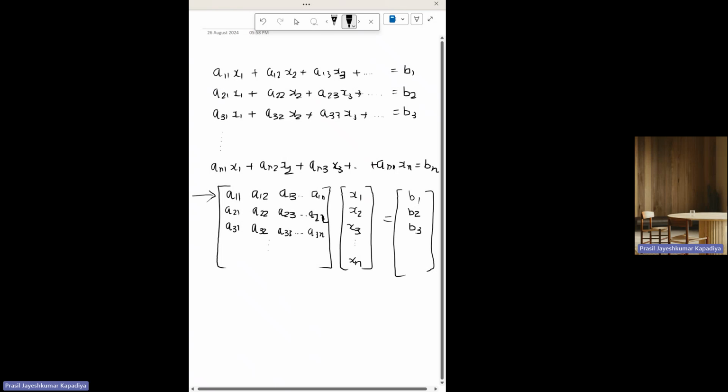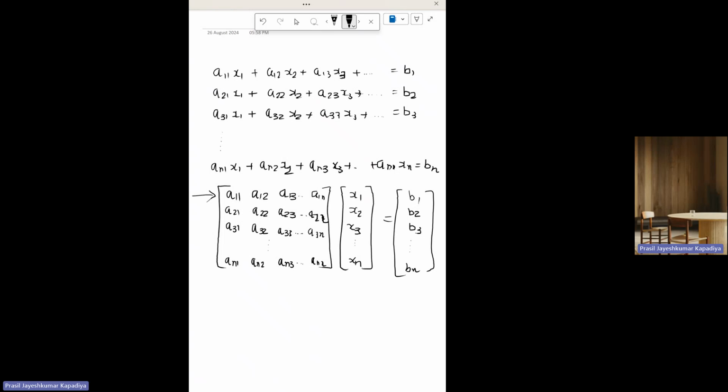Let's say I am writing my last equation, an1 x1 plus an2 x2 plus an3 x3 plus ann into xn is equal to bn. So what I have done, I have converted this whole huge set of equations into matrix form.